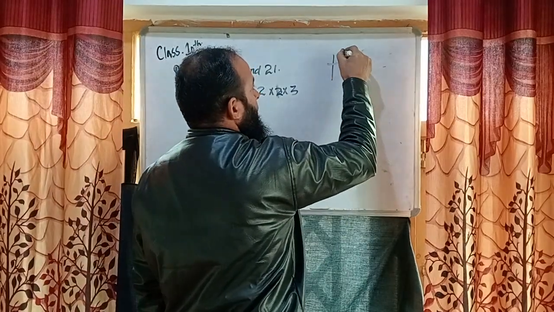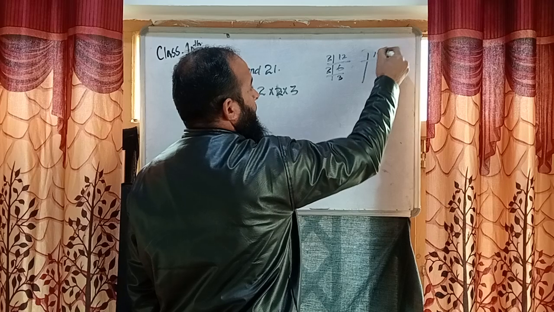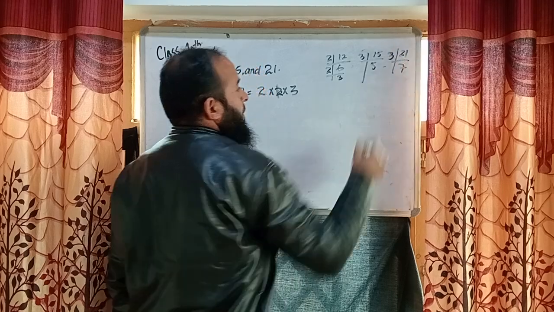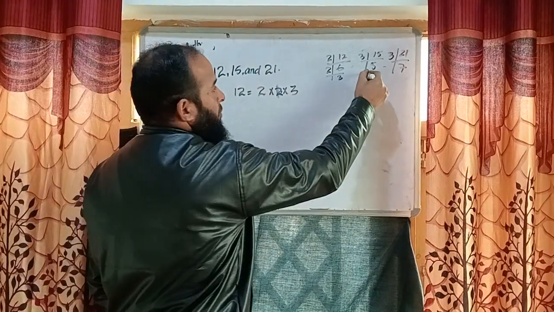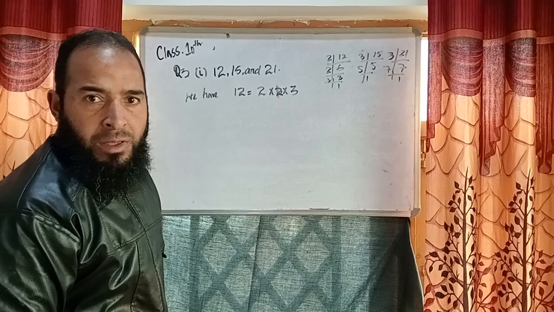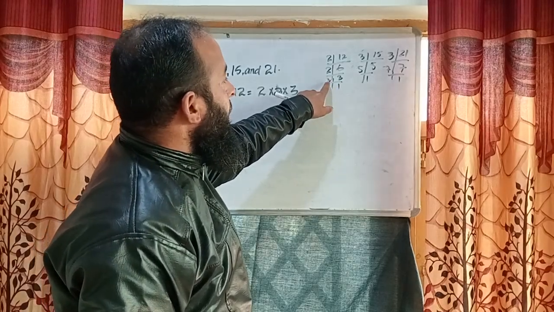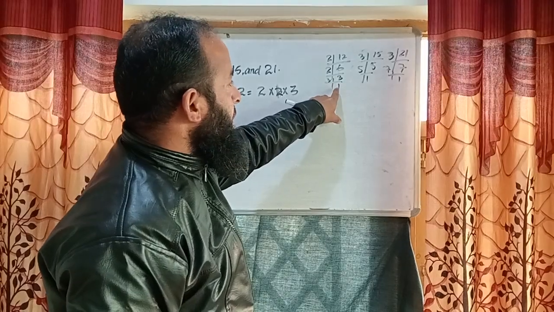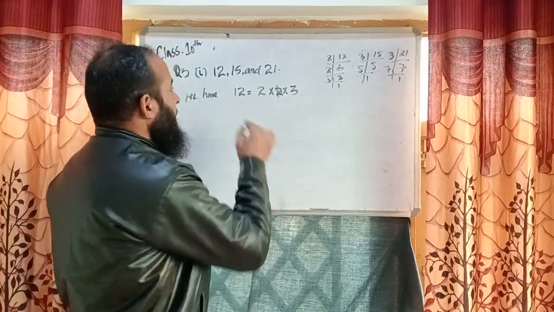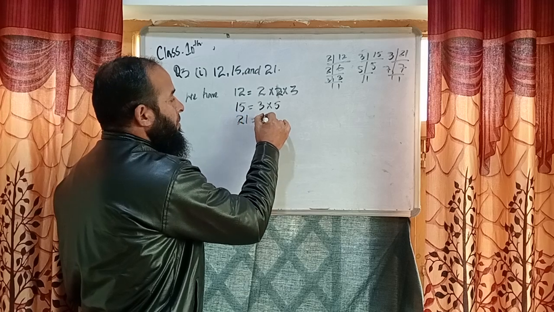Also 15 can be written as 3 into 5, and 21 can be written as 3 into 7. You can also mention 1 here, but since we are taking the prime factorization, 1 is not a prime number. The smallest prime is 2, so we can omit the last step. We can write 12 as 2 cross 2 cross 3, 15 as 3 into 5, and 21 as 3 into 7.